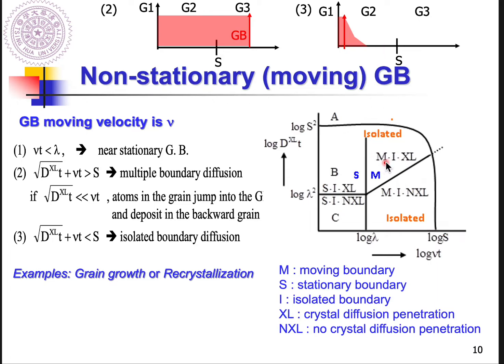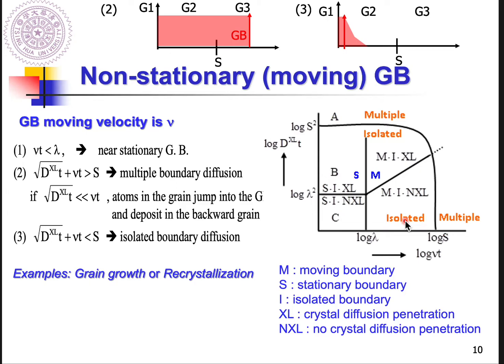So this is a moving boundary, isolated boundary, and also with crystal diffusion penetration, because in this region the Dt is larger than in this region. In this region the Dt is smaller, right? And in this region, because Dt is smaller, that implies there's no crystal diffusion penetration. It's similar to the core region below with a moving boundary.